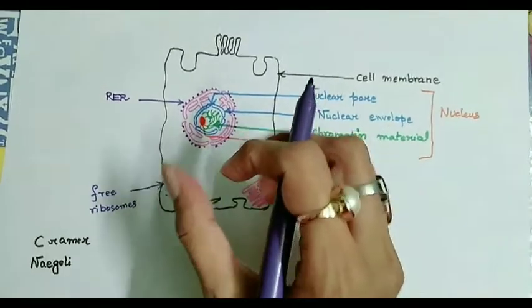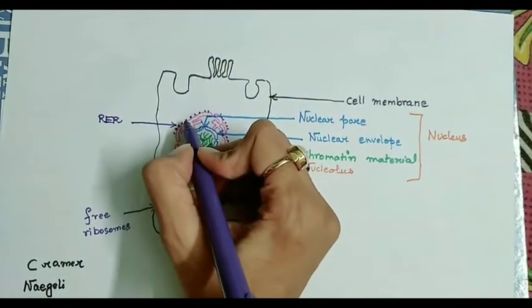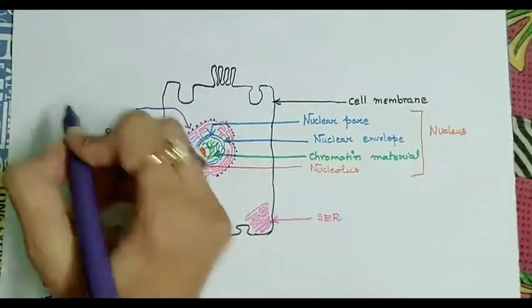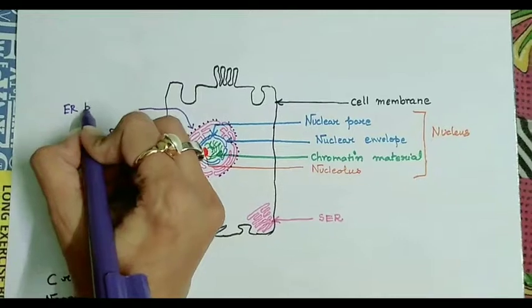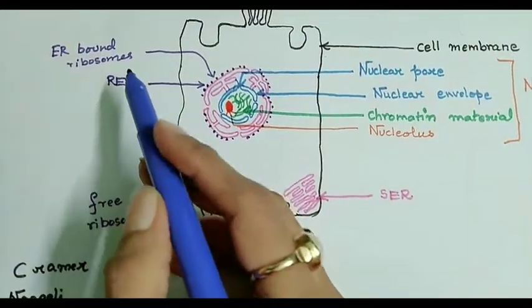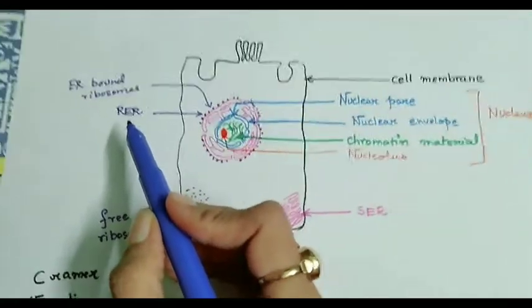Okay, now these free ribosomes and the ribosomes which are attached to the endoplasmic reticulum, that is known as ER bound ribosomes, or endoplasmic reticulum bound ribosomes.